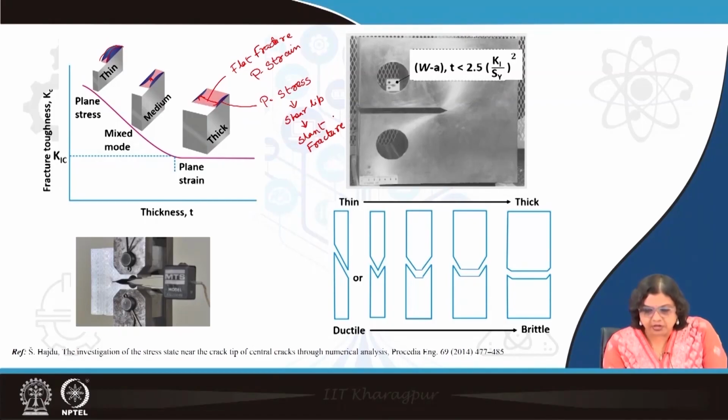So, here is one example of a CT specimen loaded, and if we look into this carefully, we can see that there is a plastic zone forming in this location. Now, depending on the inherent nature of the material, this is a metallic system. If we are talking about very ductile materials, which are by default prone to fail under a permanent deformation mode, we should be able to see this permanent deformation. So, this is schematically shown.